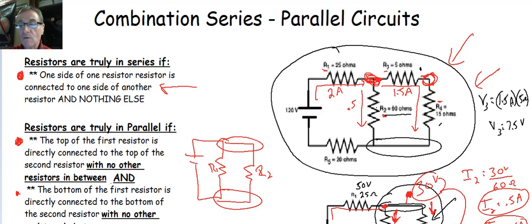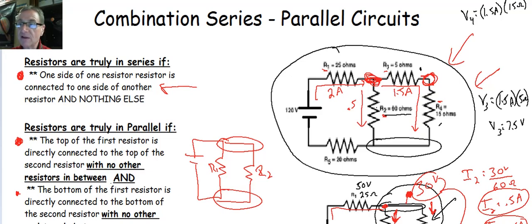Okay. What's the voltage going to be for V4? Well, we're going to do the same thing. V4 is going to be, again, 1.5 amps, because the same current is running through each one of these resistors. These are series resistors, R3 and R4 are. 1.5 amps times 15 ohms. All right?